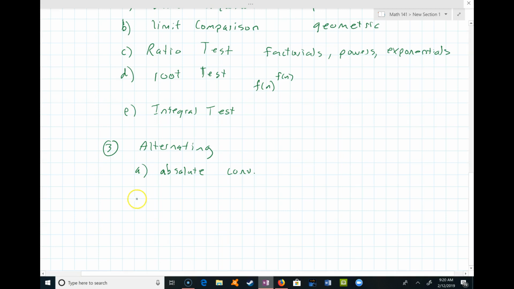And then the second choice is the alternating series test. And that's the one we use a lot for alternating series.